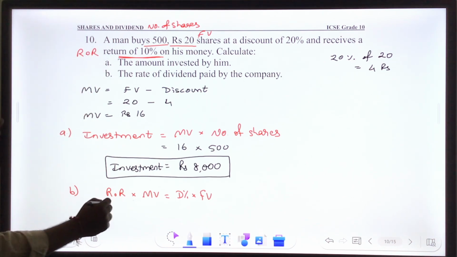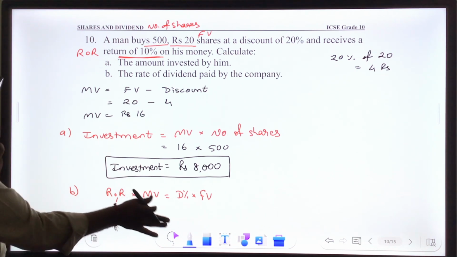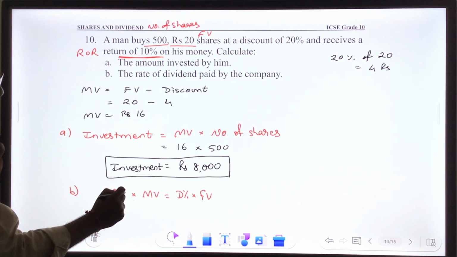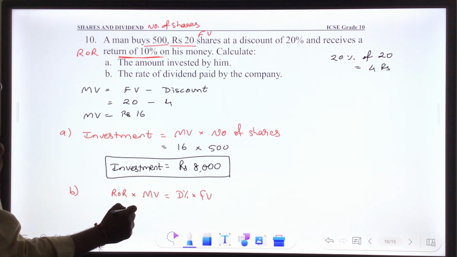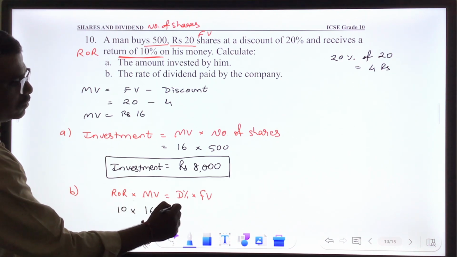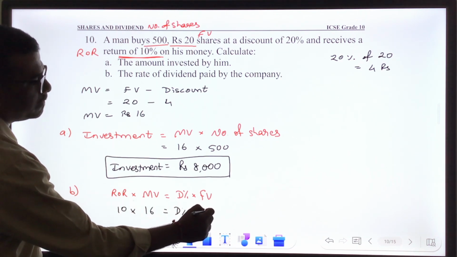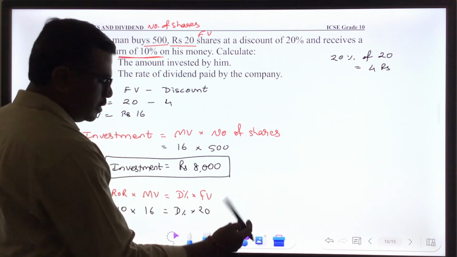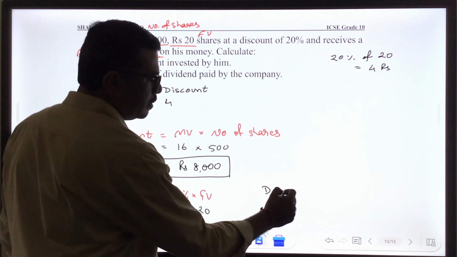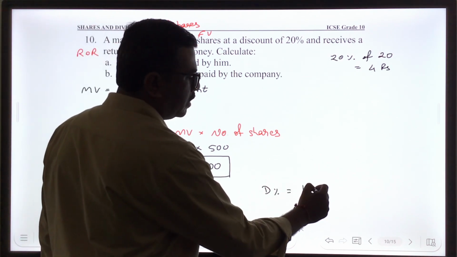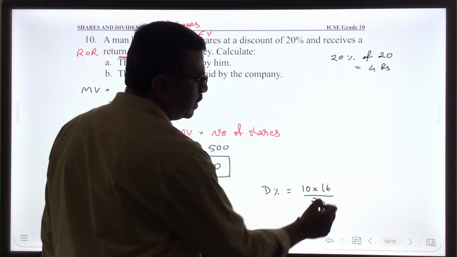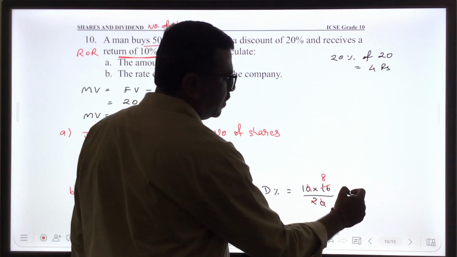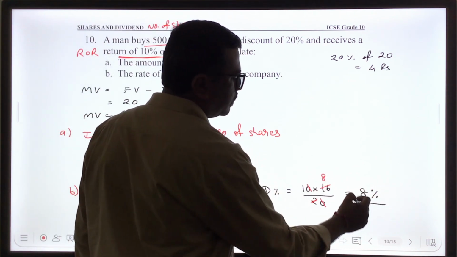So 10 into 16 equals rate of dividend into 20. So cross multiplying, rate of dividend equals 10 times 16 upon 20. On reducing this, we get the rate of dividend as 8%.